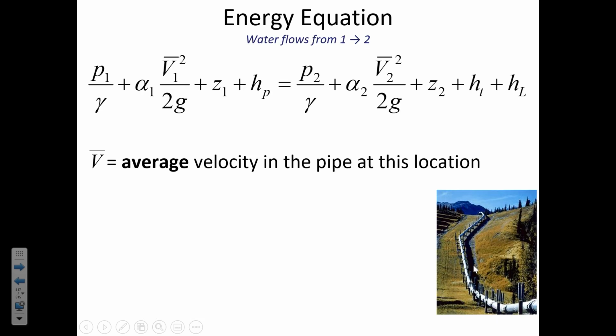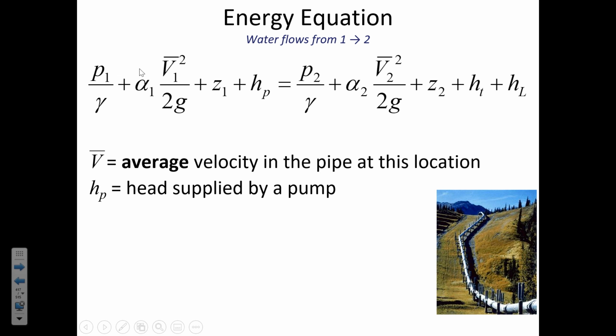All right, we have already talked about V bar being the average velocity, and the way that you find the average velocity, V bar, is Q divided by A. So it's the overall flow rate carried by the section divided by the section's area. H sub P refers to the head that's supplied by a pump.